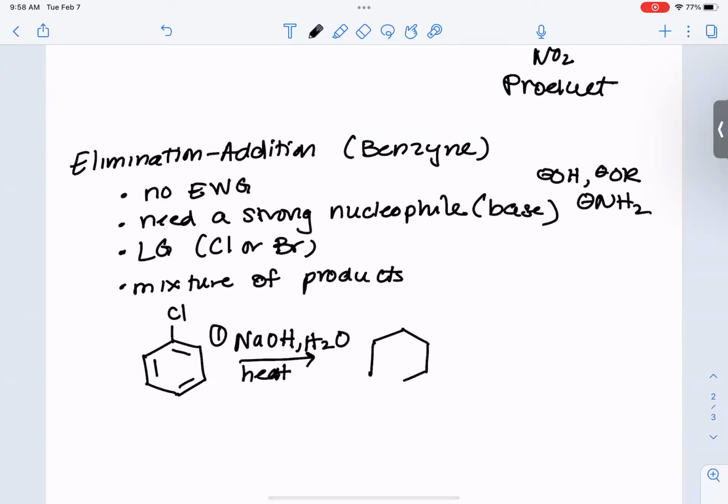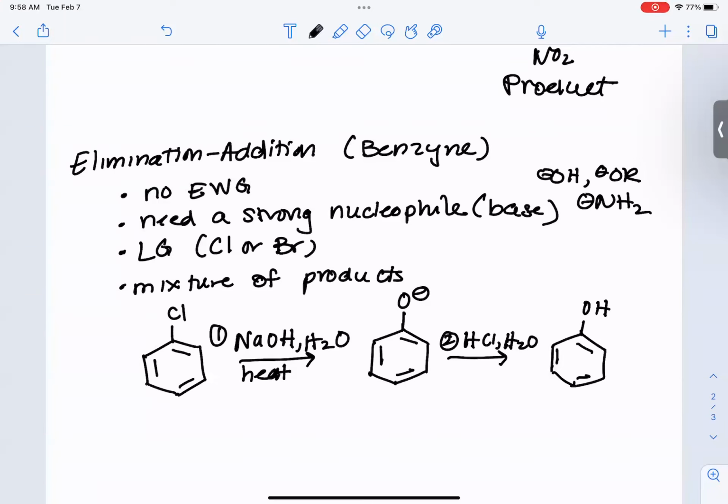And that will substitute the chlorine. Okay. Then you're going to have a protonation step to make it neutral. Okay. All right, so we're going to go through this mechanistically.